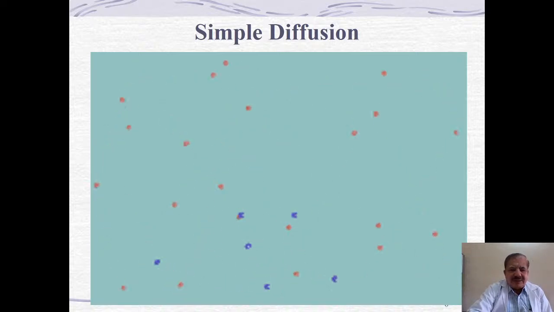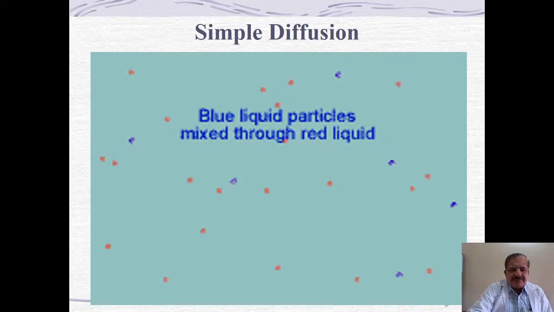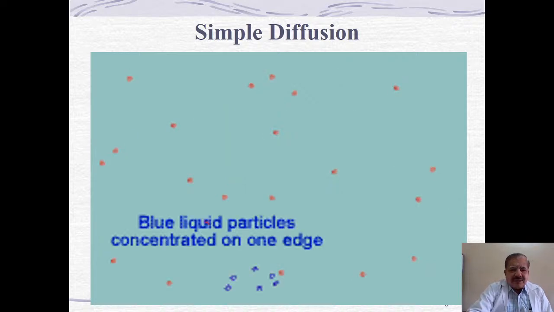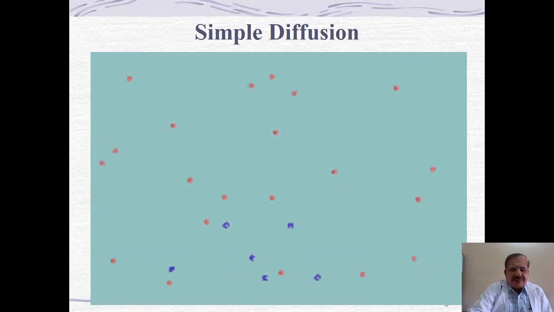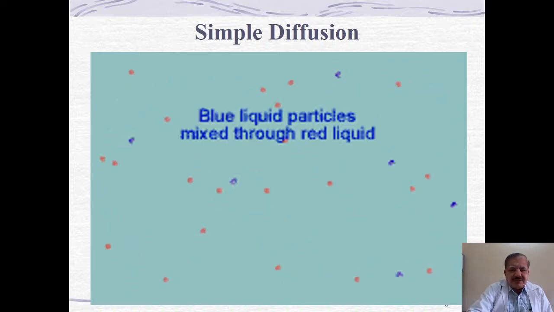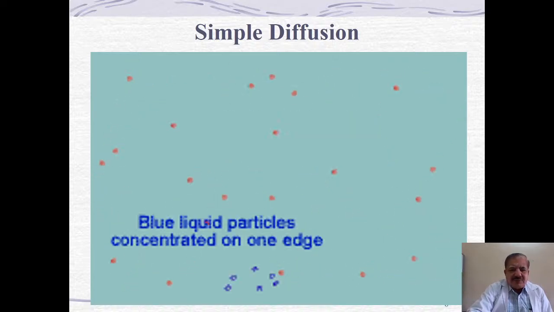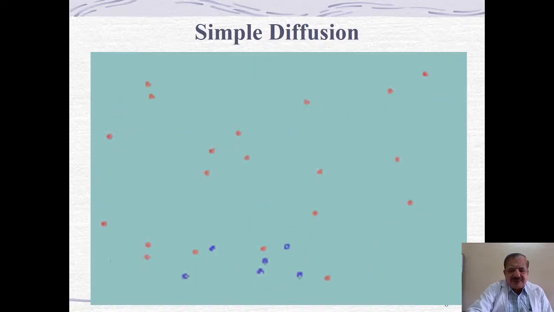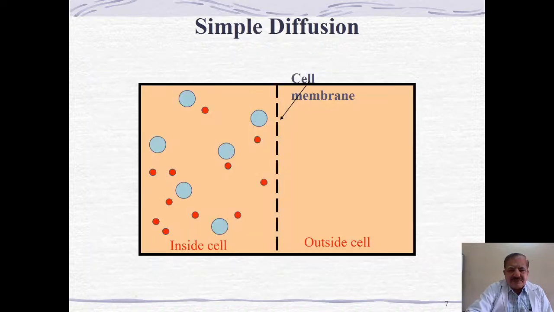So, here is an example. The blue particles are glucose molecules, and now they are moving from one side of the membrane to the other.